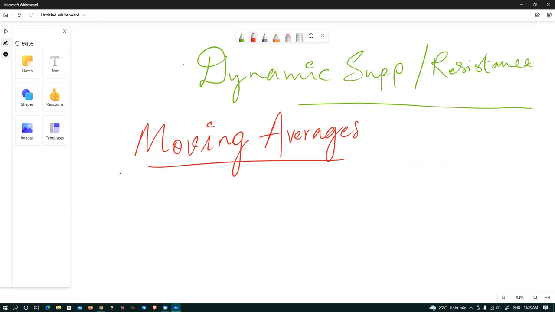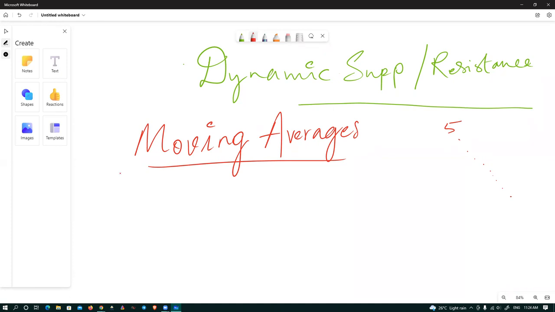We always draw moving averages with different values. The value varies from 5 to any number: 5, 6, 7, 8, 9, 10, whatever, depending upon the analyst and what he finds convenient. So how will the moving averages be formed?